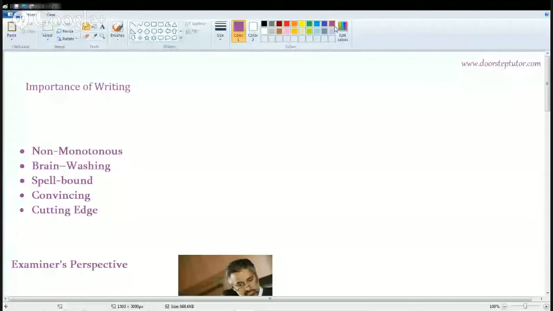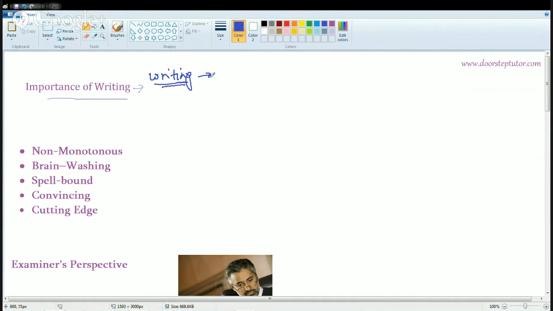So let's start with what is the basic importance of writing? Why do we need to write? Let's start with any concept, be it anything. We read newspapers daily, we go across national news daily. Someone is behind there who is writing the information.